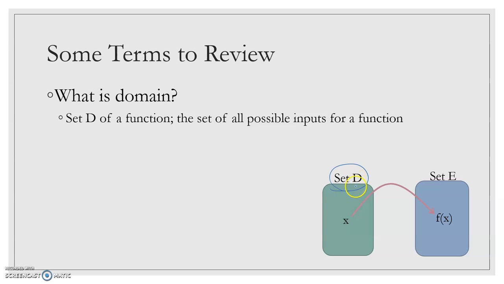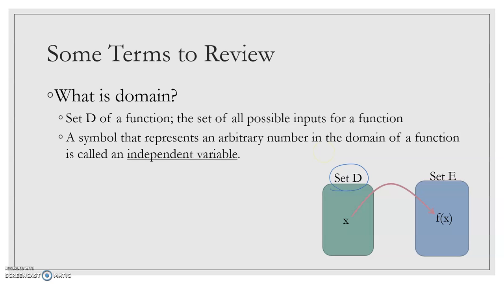Now we have another special word for set D, and that is independent variable. The independent variable is a symbol that represents an arbitrary number in the domain of a function. Basically, that's any number inside set D, any of those x values.